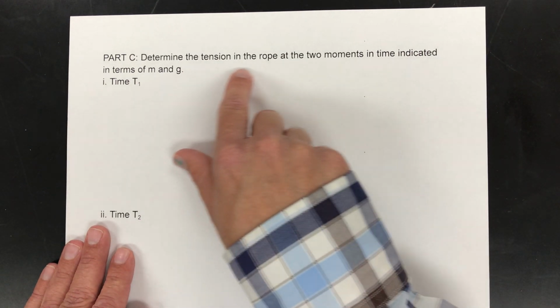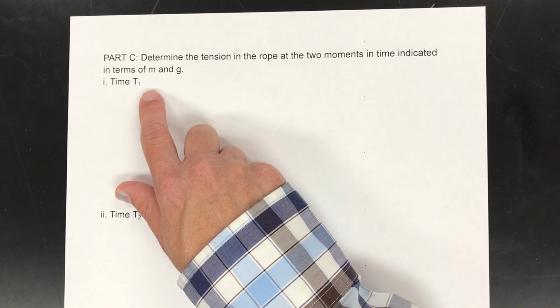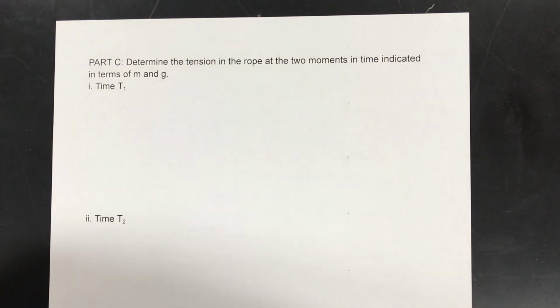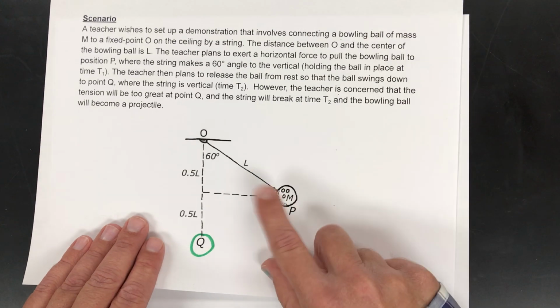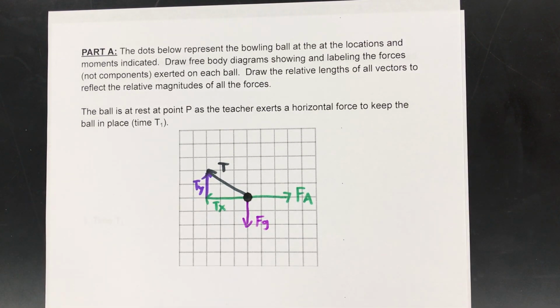Okay, now next part. Part C says to determine the tension in the rope at the 2 moments indicated, so time 1. Time 1 is when we were holding it in this position right here. So what is the tension? Let me come back to this picture right here.